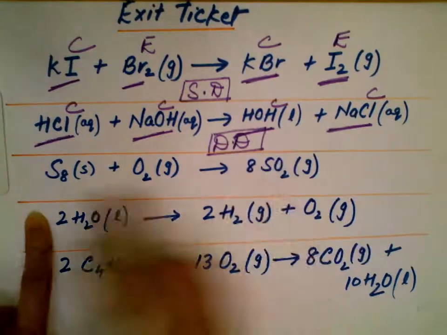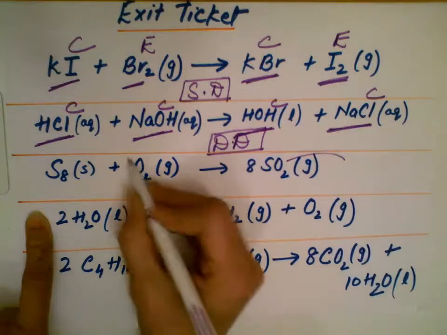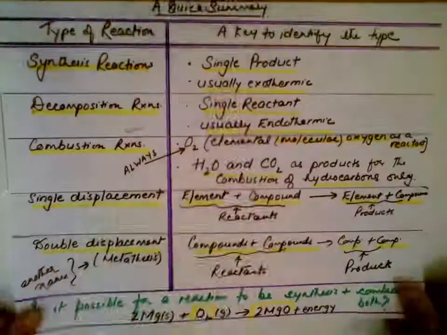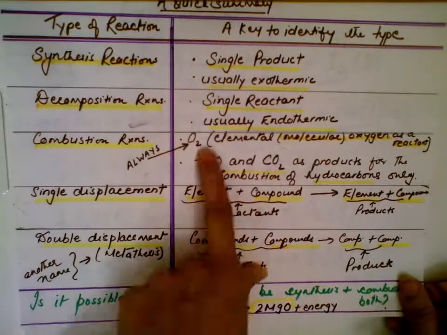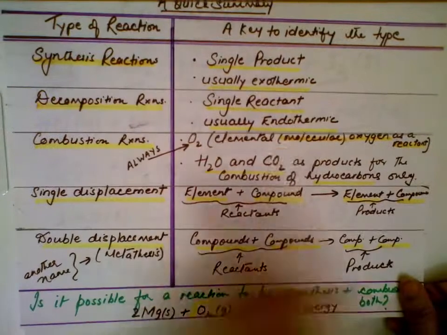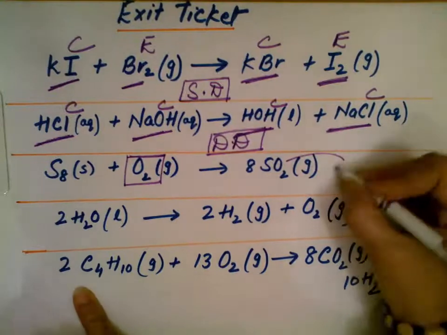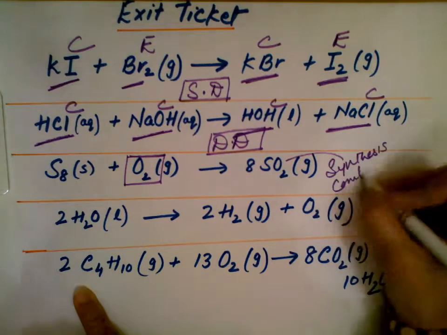Here you have only one product, and also you have oxygen on the left side. If you have a single product, it is a synthesis reaction, and if you have oxygen as a reactant, it is a combustion reaction. So this reaction is both synthesis and combustion.